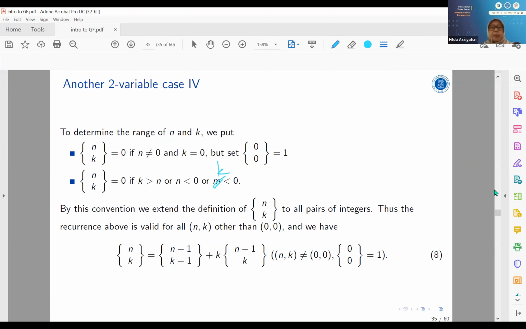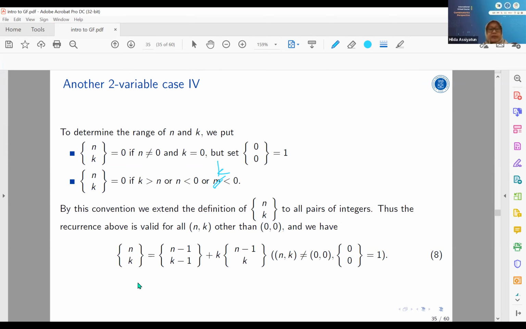With this convention, we extend the definition of this number to all pairs of integers. So our recurrence formula will be valid in all pairs of integers except 0,0, because at 0,0 the value is 1.